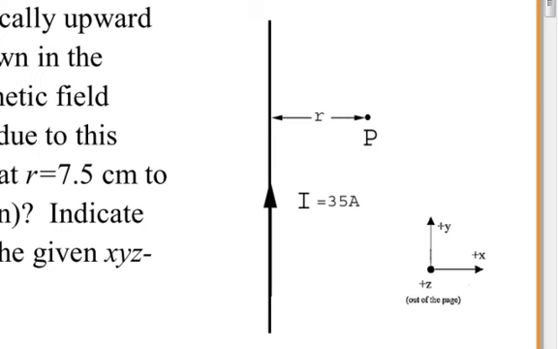Let's do the direction first, and let's use our right hand. I would point the thumb of my right hand upward, and I would imagine grasping this wire, and if I were to look down on the wire, the direction of the magnetic field would be in the counterclockwise direction around the wire.